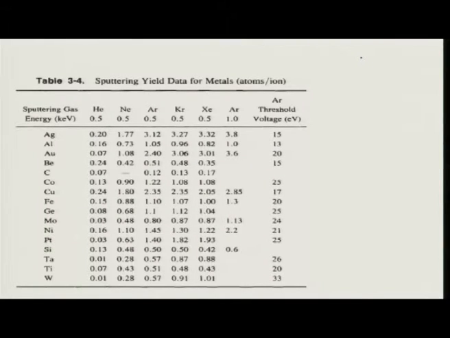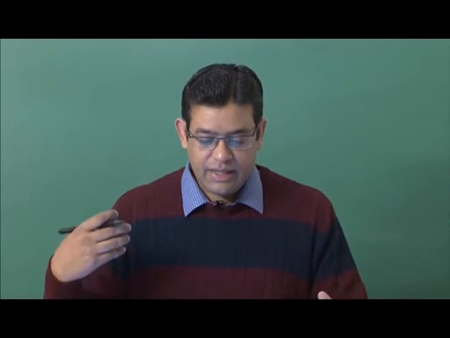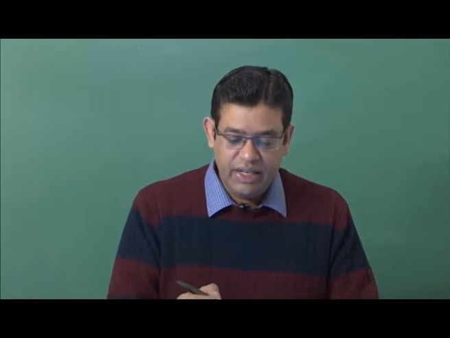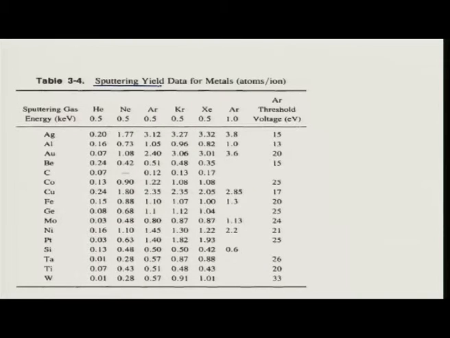And we have a plasma here in between these two electrodes. So, how many atoms are being sputtered from the target? It's a quantity that we define as sputtering yield. Sputtering yield is the number of sputtered atoms divided by the number of impinging ions.